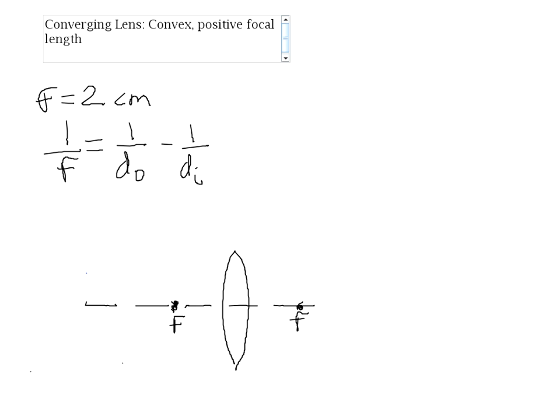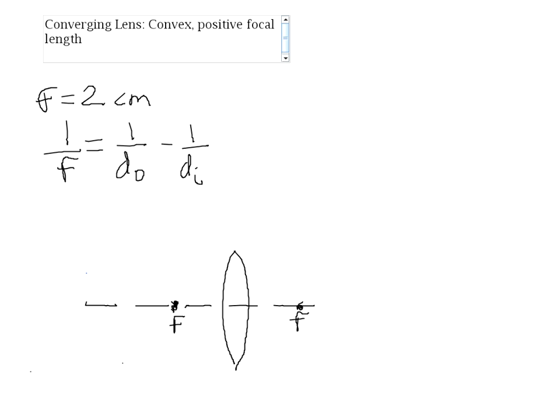All right, now let's do the second case. That would be the case in which the object distance is less than the focal length, or in other words, the object is placed between the focal point and the lens itself.